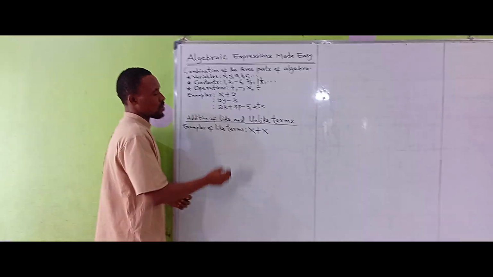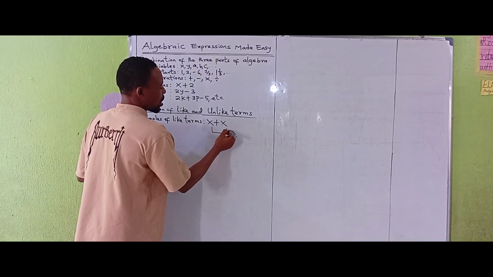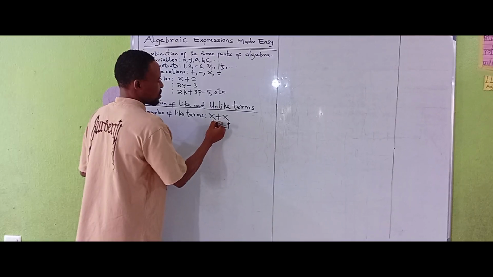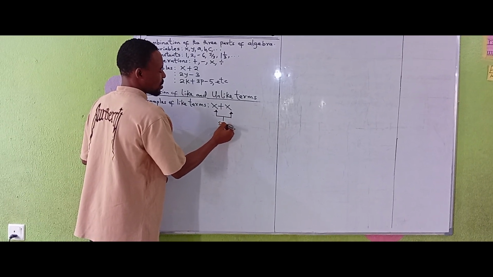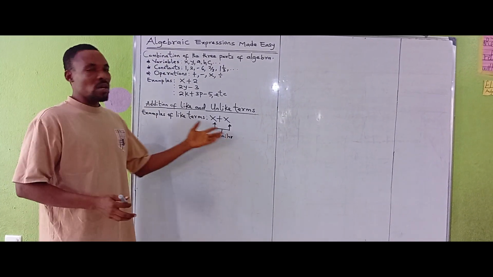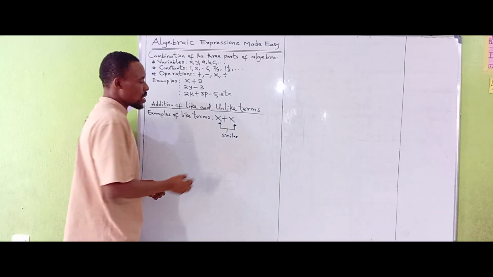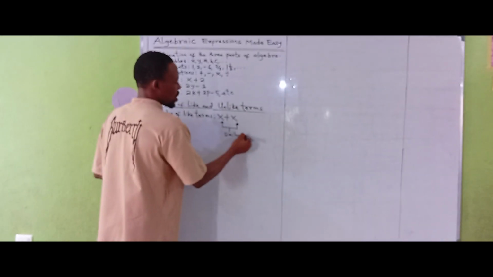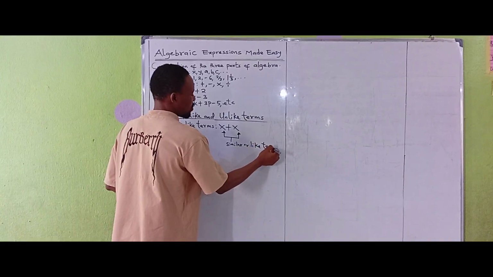In this x plus x, if you notice, you will see that they are similar. Why do we say they are similar? They look alike. X and another x. We call them similar or like terms.